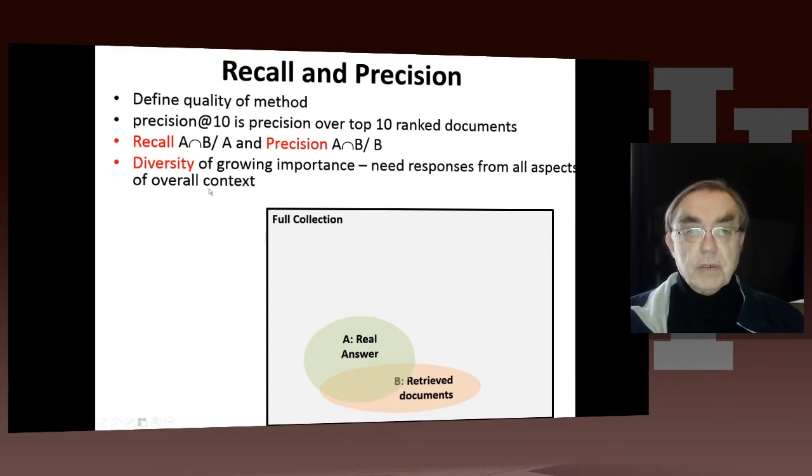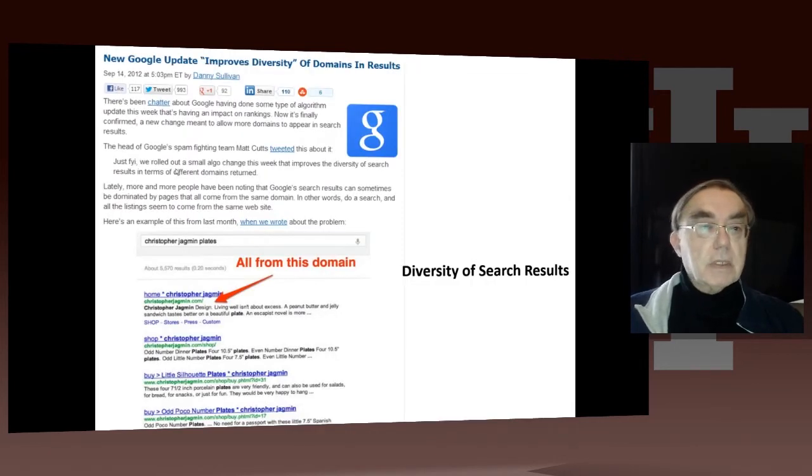Another important feature of web search is diversity, because there are many ways of looking at a subject, and many ways in which you might even give an answer, and you need to get responses for all aspects of a possible query. And so here is a 2012 blog post from Google, which says they're improving their diversity.